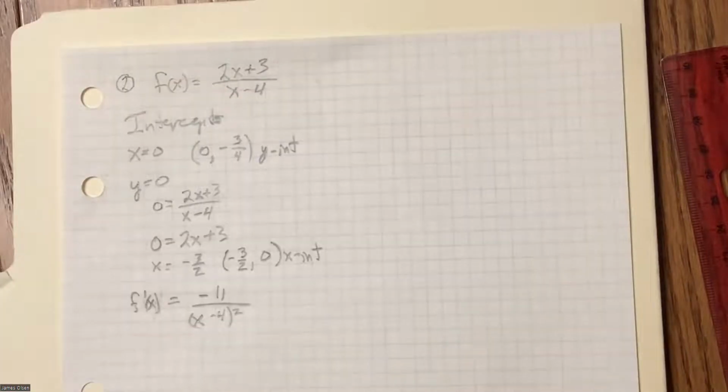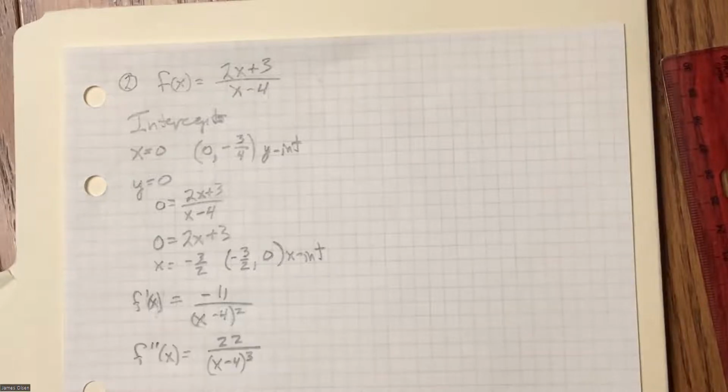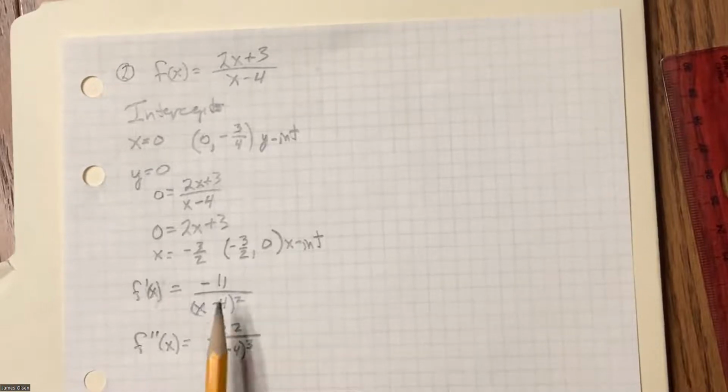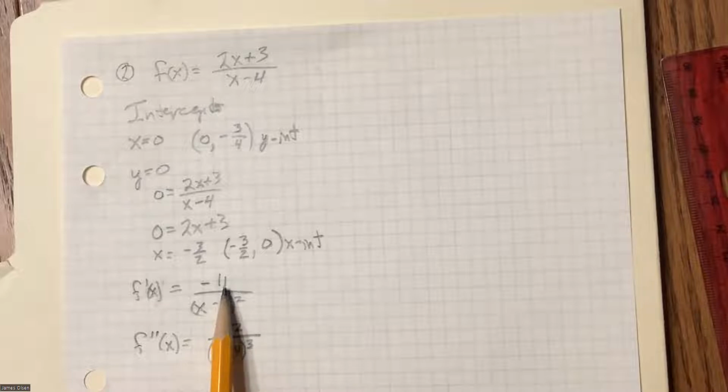The first derivative is negative 11 over x minus 4 quantity squared. Now let's do the second derivative. Here is the second derivative. If we set the first derivative equal to 0, we want the numerator to be 0, but you can never make the numerator 0.